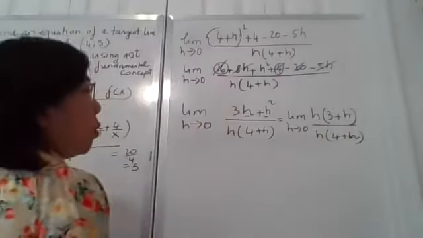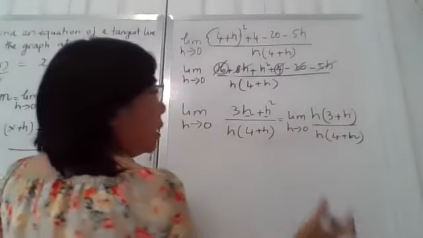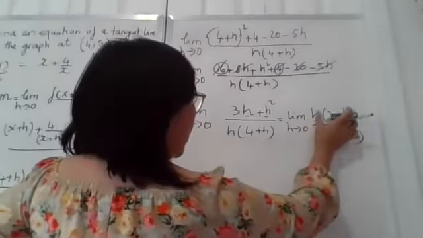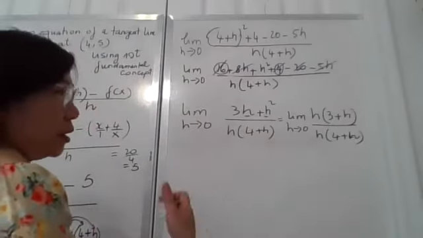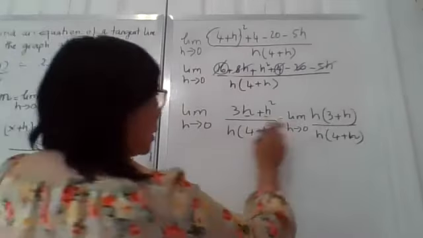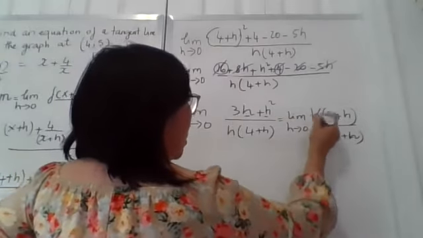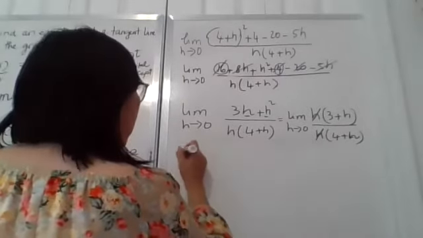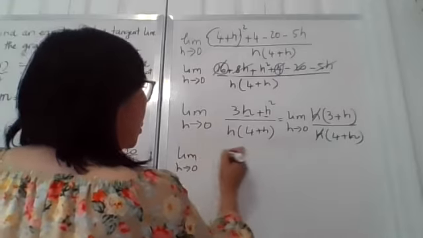Okay, so at this point, when I factor, and again, I told you, if you forget the concept of factoring out in algebra, just go back to my Math 10 general common factor video, watch that video, you will understand how I factor this, right? So now let's cancel the h with the h down here.